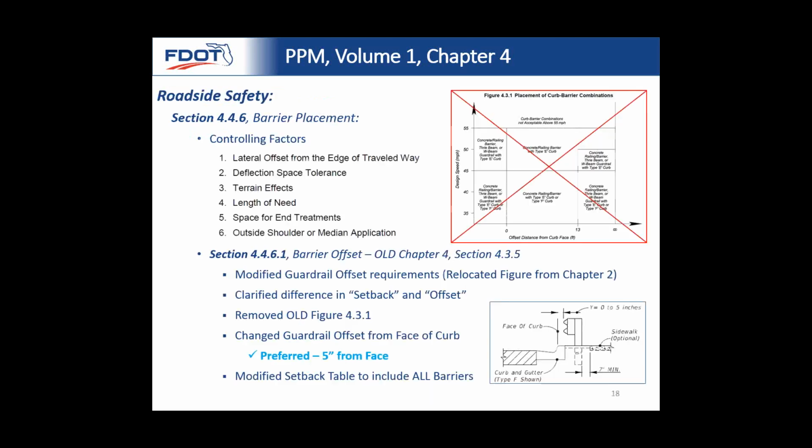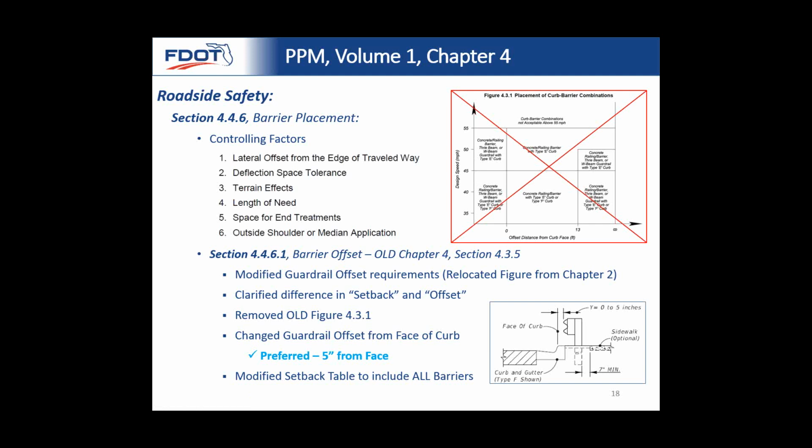One of the changes that we did make, let me go back 1 second, just to talk about that curb placement. Previously in the PPM, we had this old figure 4.3.1, which was this kind of graph that you went along the bottom trying to figure out maybe what an allowable offset from the curb face was at a given speed, and this table was always getting misconstrued and misapplied.